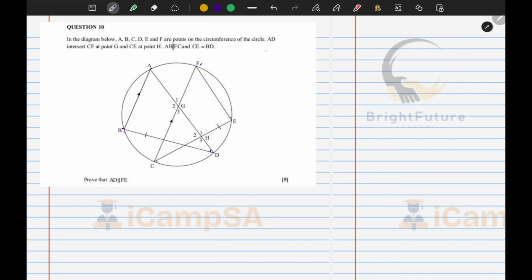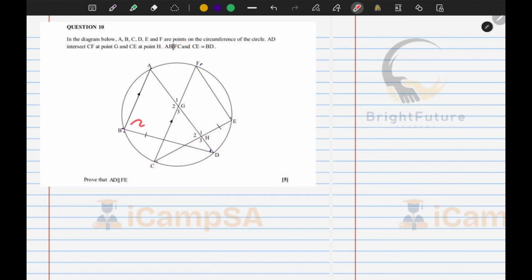So AD intersects CF at G, and it also intersects CE at H, which is true.